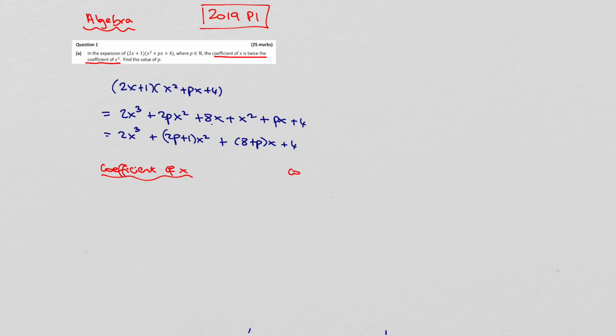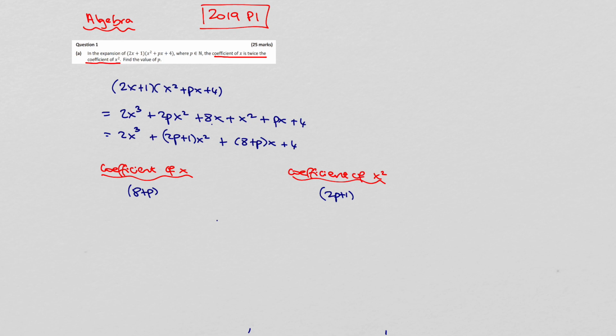So what we can see here then is the coefficient of x and then the coefficient of x squared. The coefficient of x is 8 plus p, and the coefficient of x squared is 2p plus 1. We're told the coefficient of x is twice the coefficient of x squared.